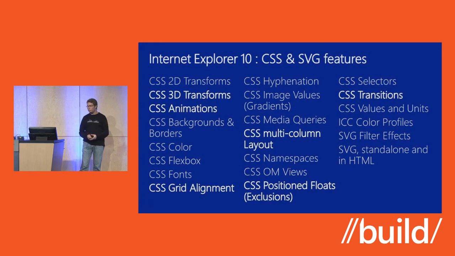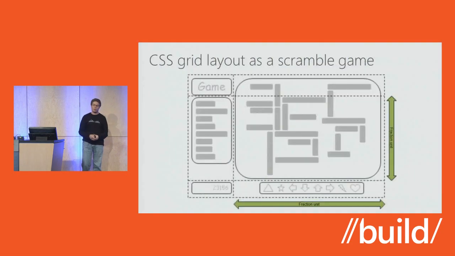So let's start with grid, one of my favorite ones. Let's imagine you want to build this layout for a game in HTML and CSS. Maybe the oldest of us will use some table elements, which is really bad. And now we can do the very same thing using pure CSS, using the CSS grid layout. The idea is to build a grid here with 3 rows and 2 columns.